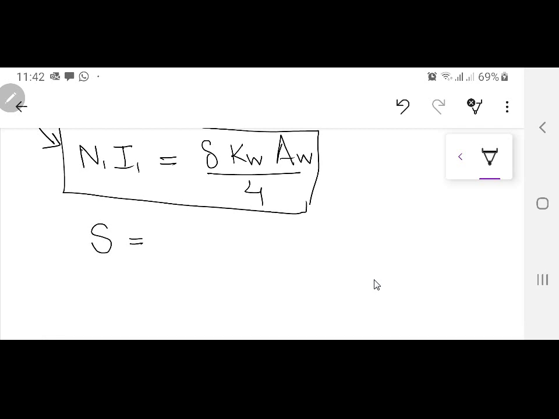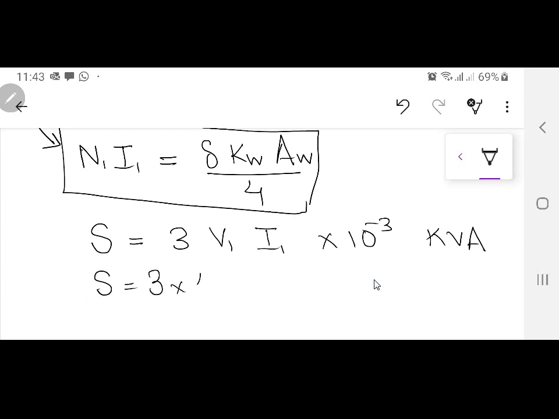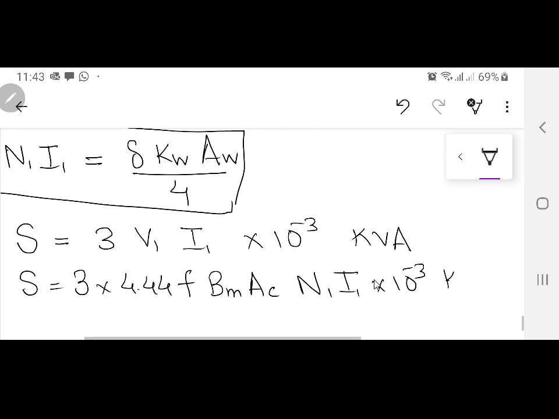So this time it will be 3 V1 I1 into 10 raised to power minus 3 kVA. Because V1 I1 were phase voltages, I have 3 V1 I1. Now here, instead of V1, I will write 3 into 4.44 F into BM into AC into N1 I1 into 10 raised to power minus 3, and here this is kVA.